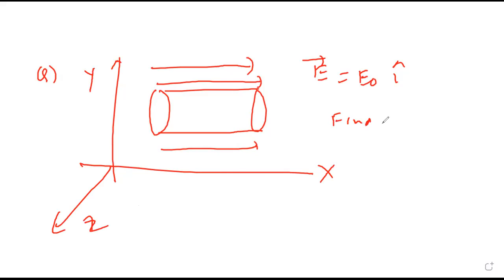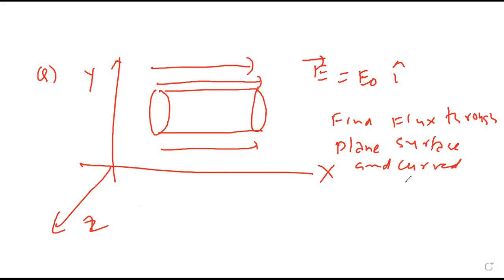Find the flux through the plane surface and curved surface. Just draw the diagram, then I'm explaining the plane surface and curved surface. These are plane surfaces, and the curved surface is this whole part. Draw the diagram, then we'll see how to find flux.